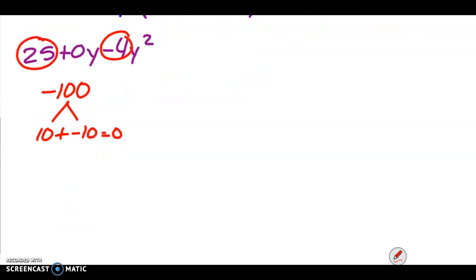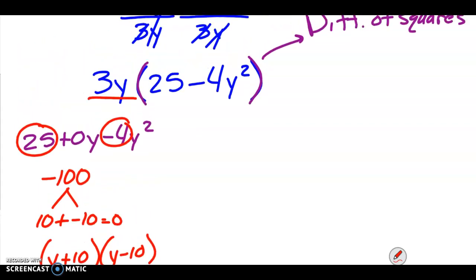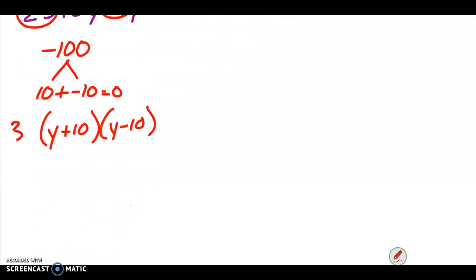I know I'm going quick, but it's the same AC method, and you would end up with y plus 10, y minus 10, and remember I factored that 3y out to begin with, okay?